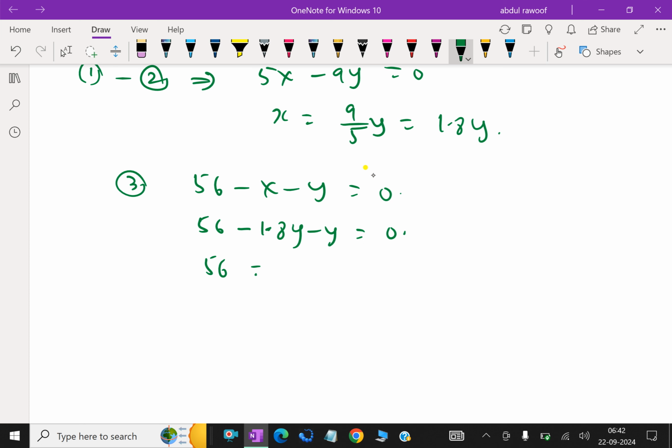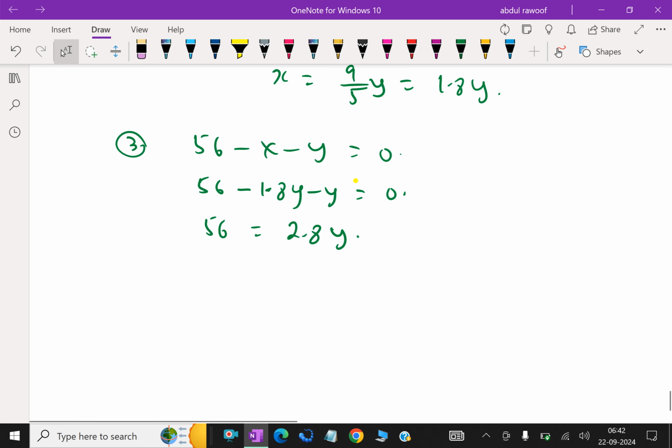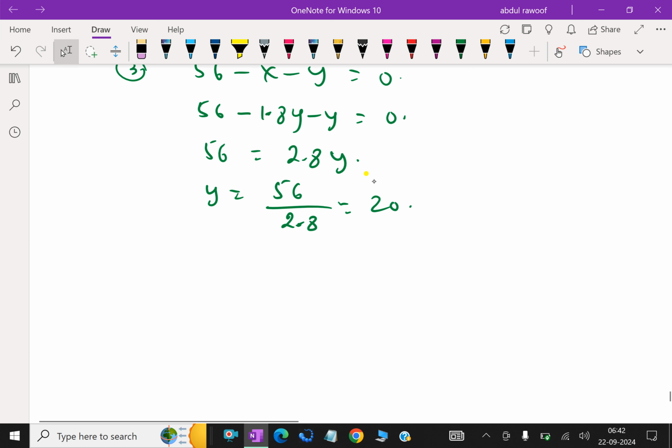Then 56 equals 1.8 plus 1, which is 2.8y. Therefore y equals 56 over 2.8, which is equal to 20.